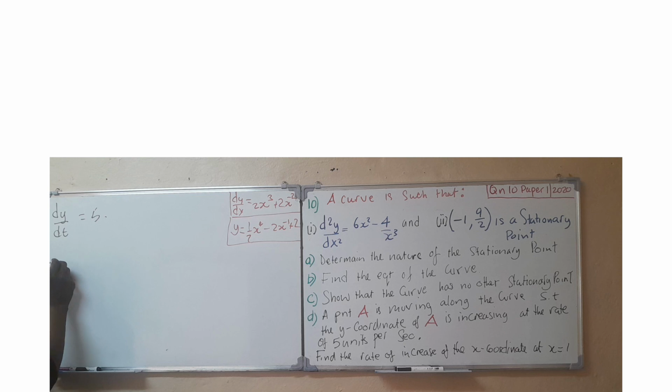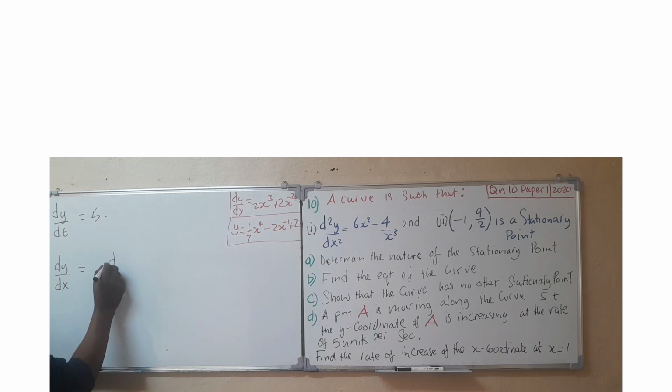But what do we know from parametric differentiation? Parametric differentiation tells us that dy/dx is equal to dy/dt divided by dx/dt. So what do we know here? Let's see what we are given. Do we have dy/dx?